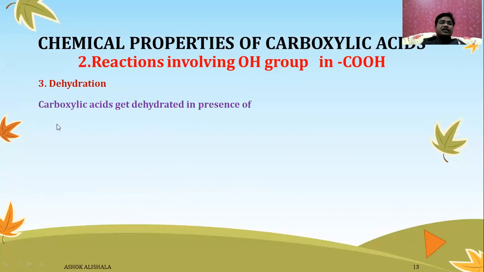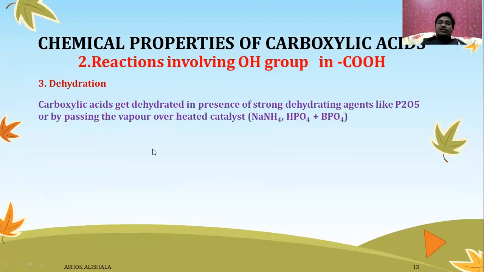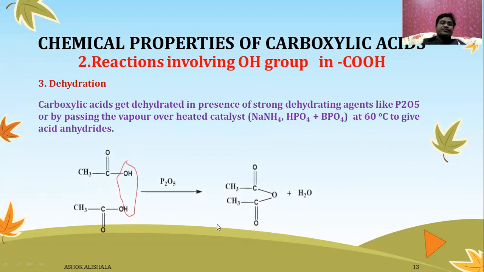Generally, carboxylic acids get dehydrated in the presence of strong dehydrating agents like phosphorus pentoxide, or by passing the vapors over a heated catalyst, that is NaNH4HPO4 plus BPO4, metaphosphate and boron phosphate, at 60 degrees centigrade to give the acid anhydride.